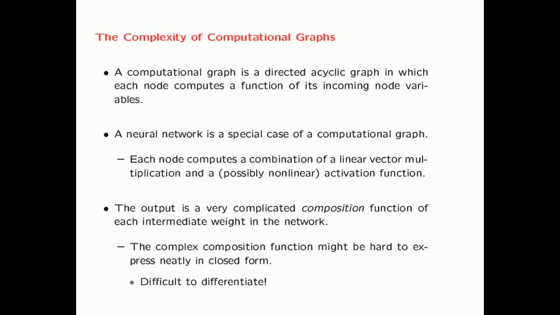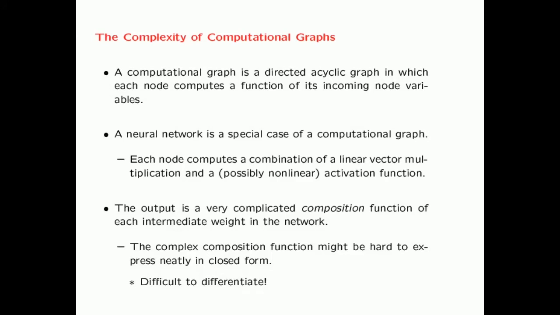Here, each node computes a combination of a linear vector multiplication, that's a vector dot product. So you have w dot x if you have a weight vector associated with the node, and then you might have a nonlinear activation function. So for example, it might be the sigmoid function.